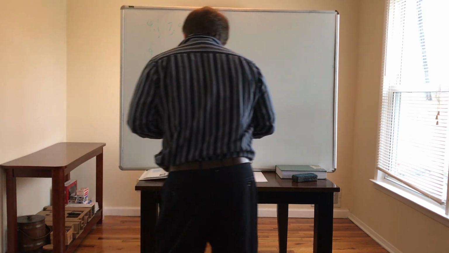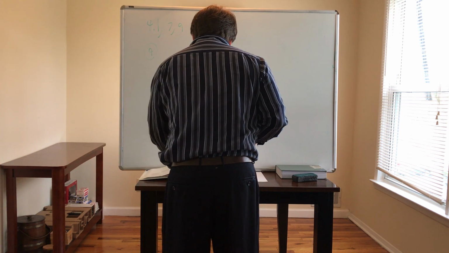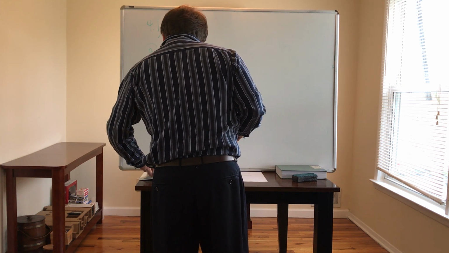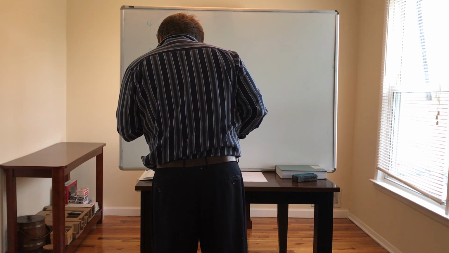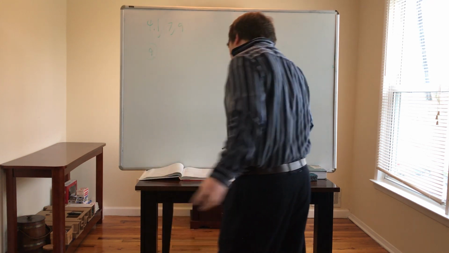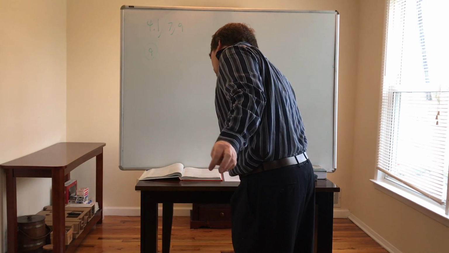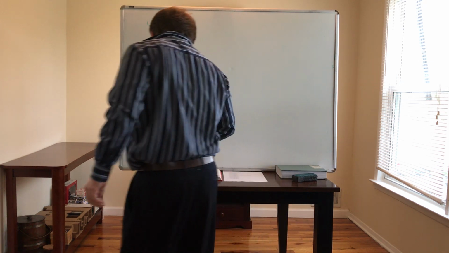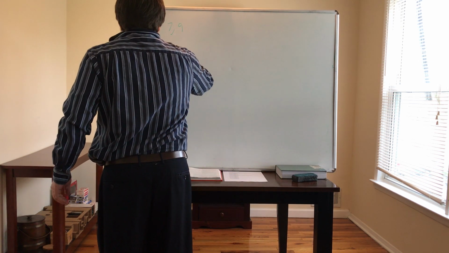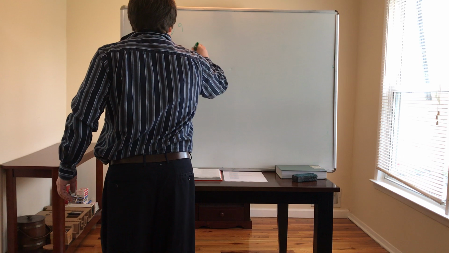Okay, so number 9. Number 9 in 4.1. So instead of 2 by 2 matrices, so again, the question is: is this a vector space?